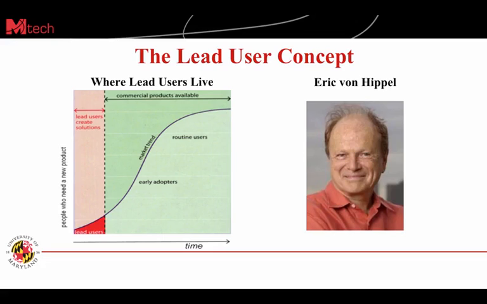If you look on the left-hand side, what you see is where lead users live on that cycle. They live on the far left-hand side. They are the people that are solving problems before any innovation is ready to be bought or available in the marketplace.